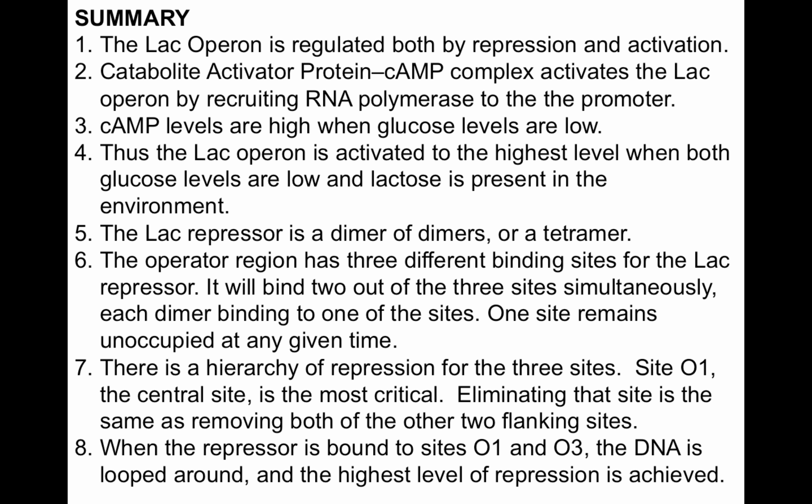Thus, the Lac Operon is activated to its highest level when both glucose levels are low and lactose is present in the environment. The Lac repressor is a dimer of dimers or a tetramer, and the operator region has 3 different binding sites for the Lac repressor. It will bind 2 out of the 3 sites simultaneously, each dimer binding to one of the sites. One site remains unoccupied at any given time.